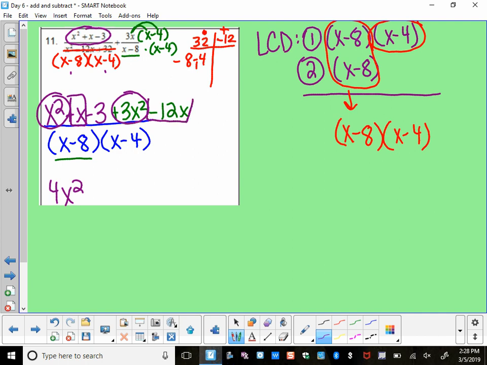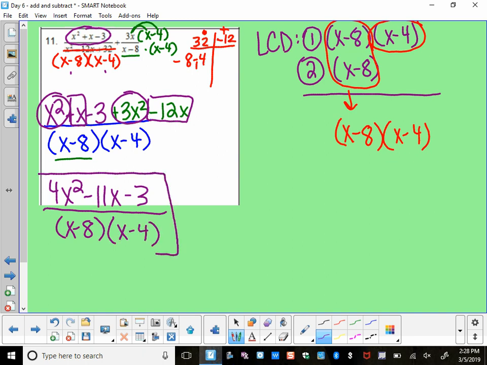Plain x minus 12x is negative 11x, and my negative 3 stays. If you really wanted to, you could factor the numerator. You don't have to. You can leave it just like that.